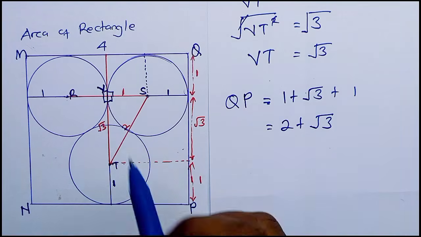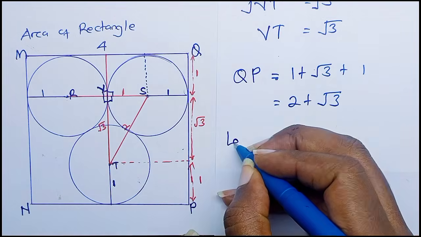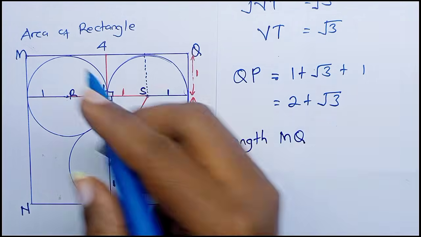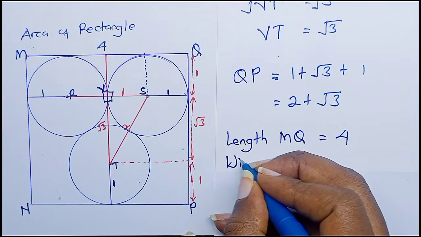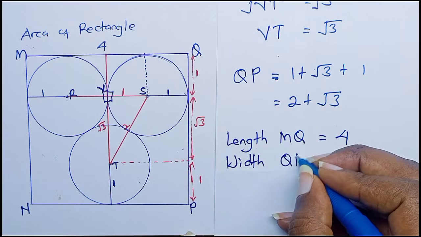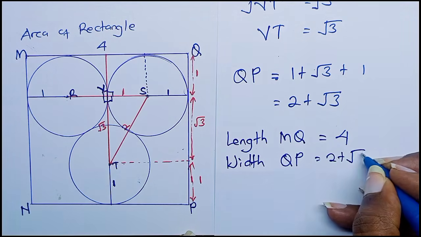Since they wanted us to find the area of the rectangle, we have been able to find our length, which is MQ, which is 4, and our width, which is QP, which we've got as 2 plus root 3.